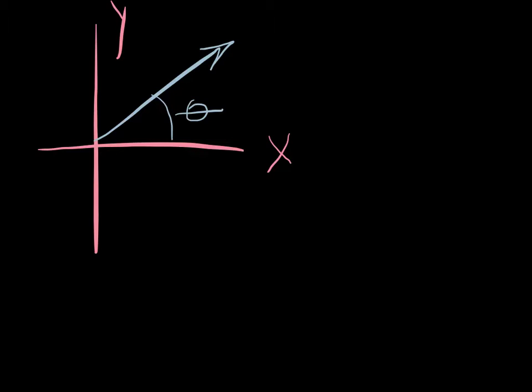Another way of splitting out this vector v is what we call resolving the vector, where we have a horizontal component and a vertical component. I have a horizontal component right here.